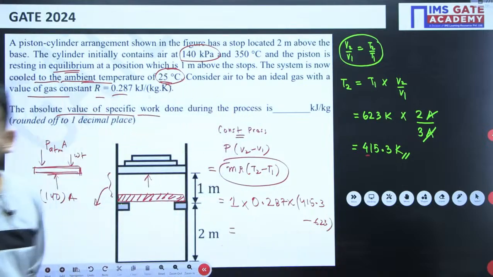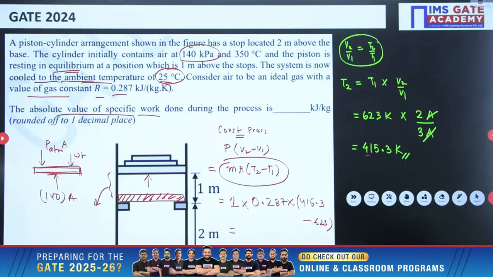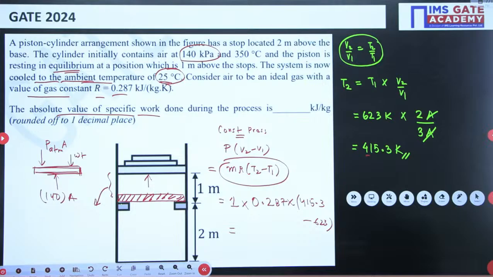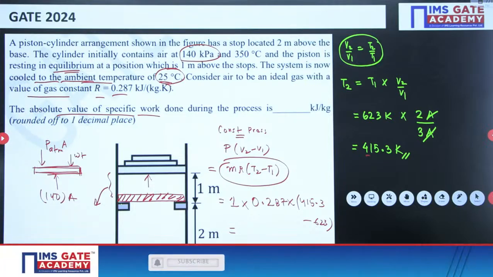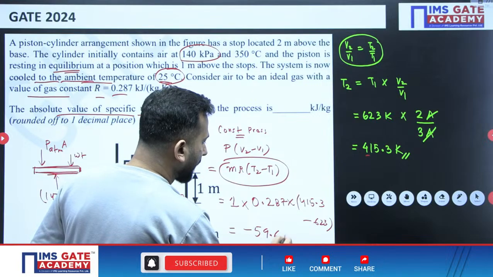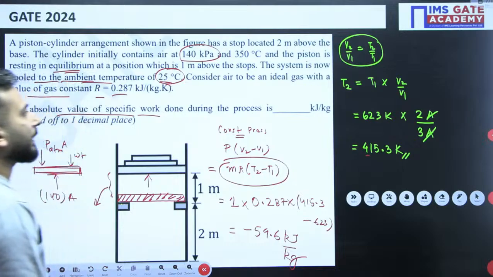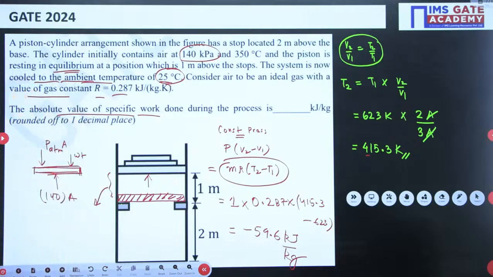So this will come out to be 415.3 minus 623 into 0.287, which is minus 59.6 kilojoule per kg.